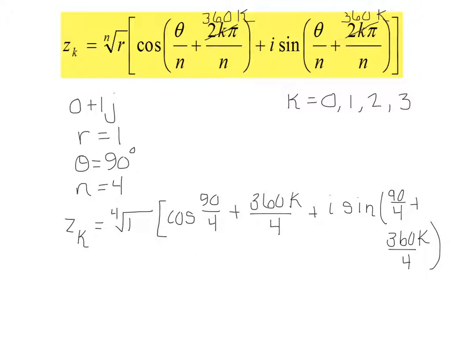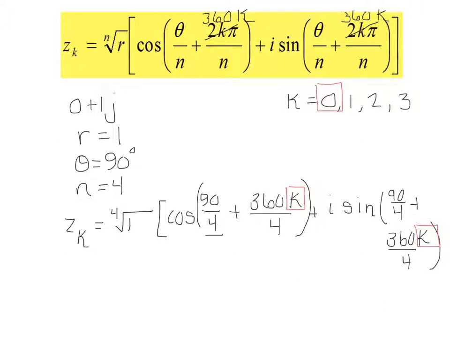Now my first value of k, again, we know we use 0. Well, if you replace k with 0, you'll be adding 360 times 0 over 4, which means you're going to be adding 0 to your angle measure 90 over 4. Forgot the parentheses around here.